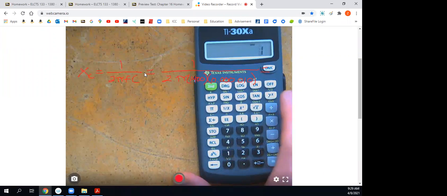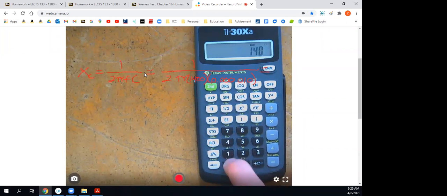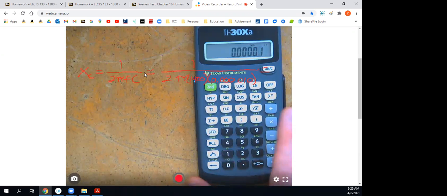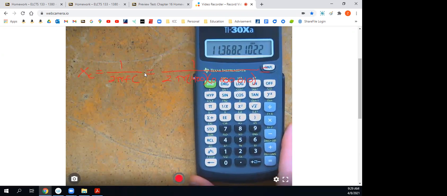But I go 1 divided by parentheses 2 times pi times 1400 times 0.000001, right parentheses, equals 11.4. Either way, you're going to get the same answer if you do it right.